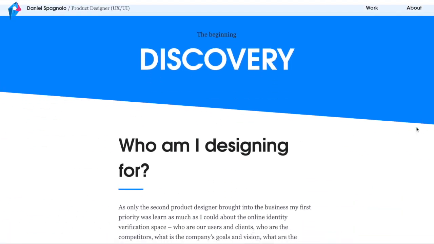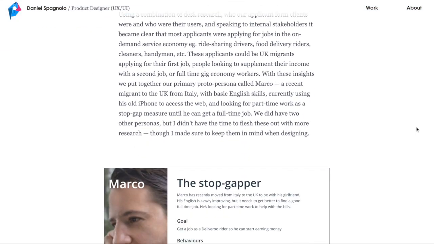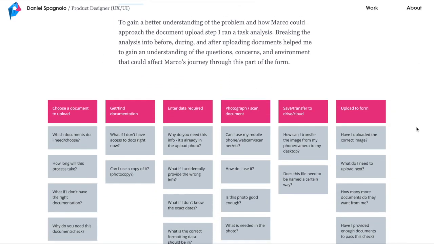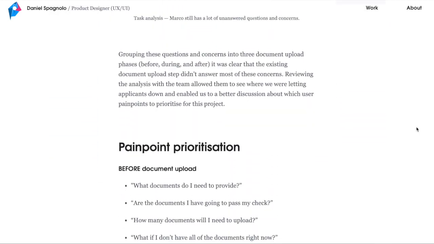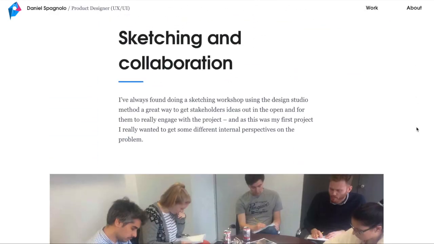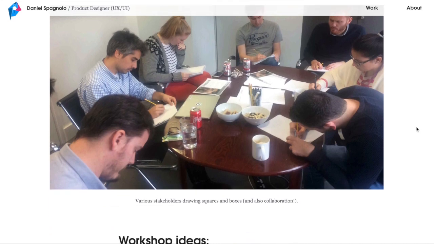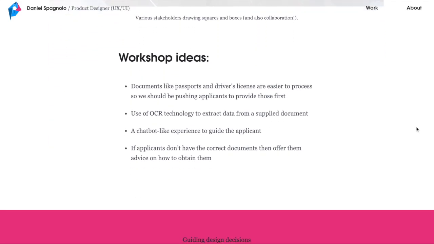And then he goes on talking about the discovery, so the whole of the process of how he was understanding the problem and creating personas. So you can see a lot of interesting information, some task analysis, pain points, which is quite important. Now, really good thing and something that we do quite often is taking photos of different sessions that we have with users and stakeholders, because they are fantastic addition to our case studies and portfolios.